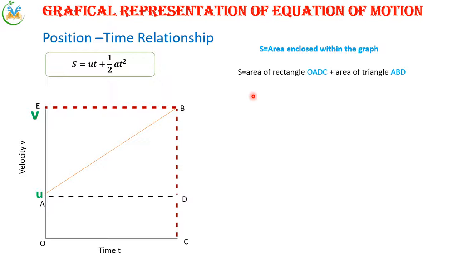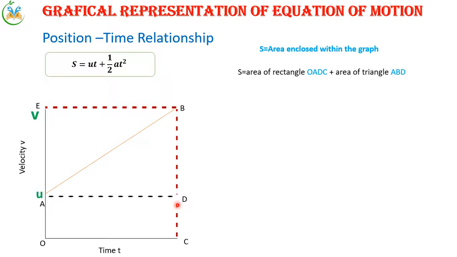So we take the area of rectangle OADC and the area of triangle ABD. When we add these two areas, we get S, the total area enclosed within the graph.